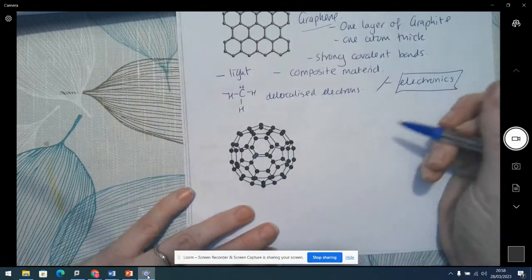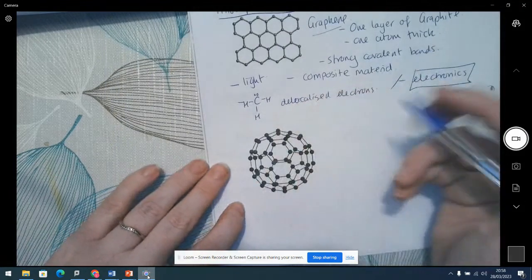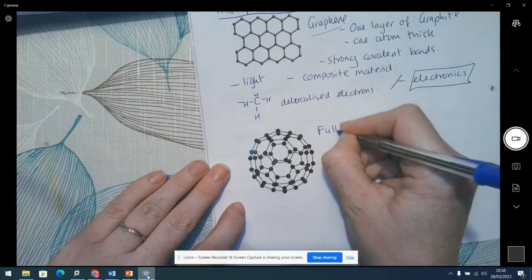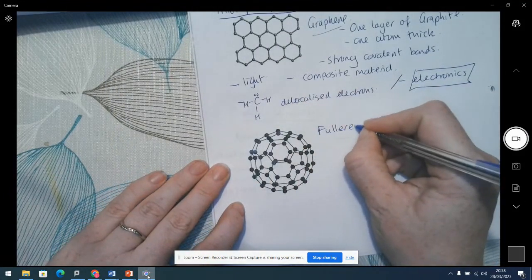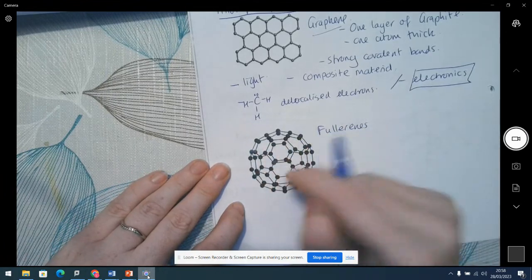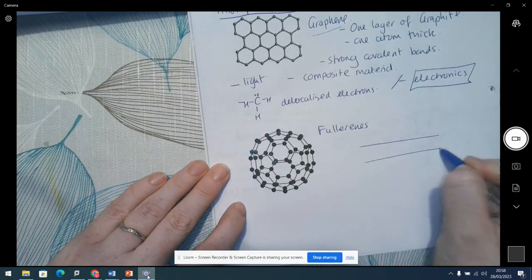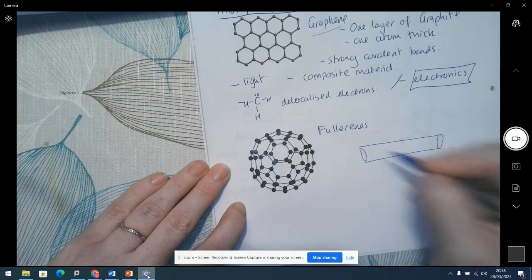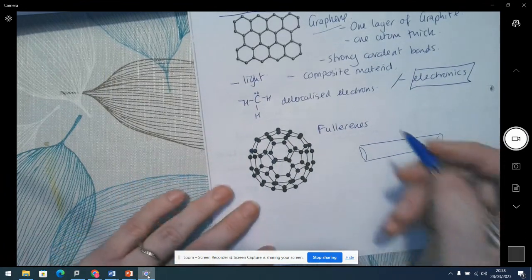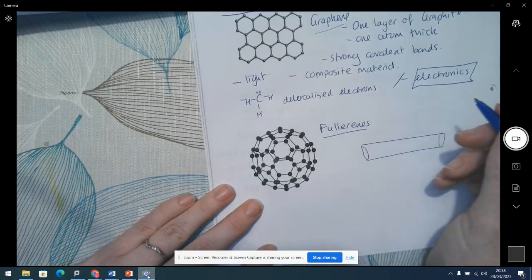And then the final allotrope you need to be aware of is these things here, which are called fullerenes. And you sometimes see them like this. You might see them as tubes. I wish I could draw, but they might appear like tubes like so. Okay, so just be aware they are all fullerenes.